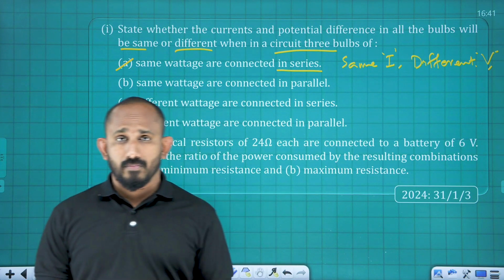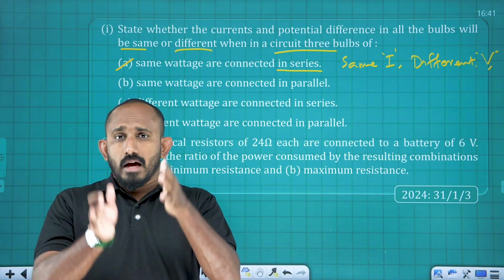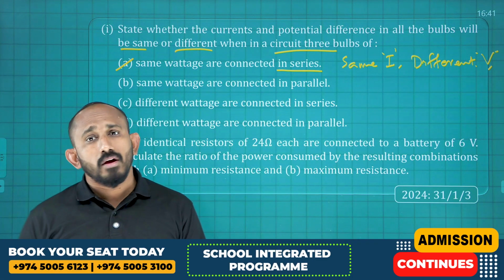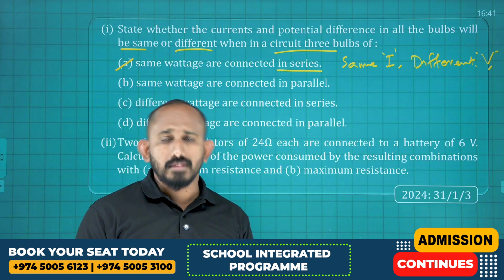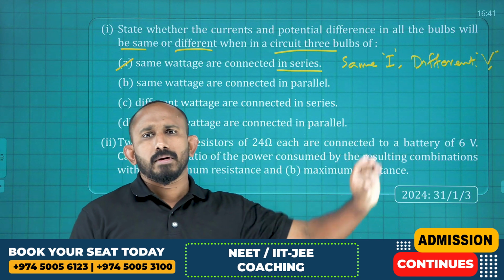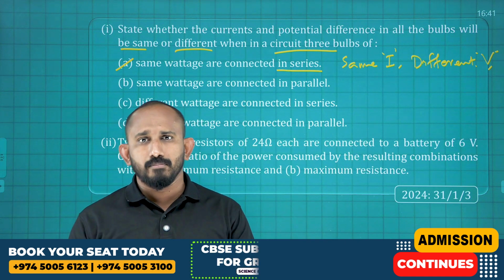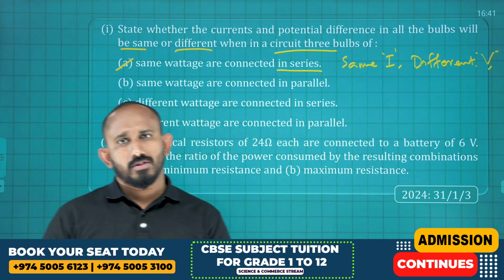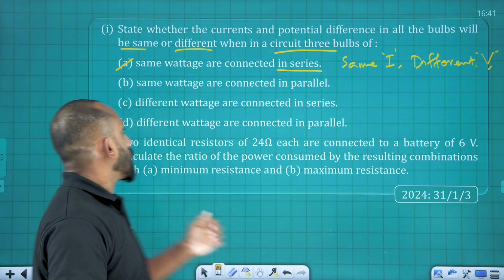Though power is the same, still in series the accumulation of voltage happens at each point, so the voltage will be different there. Unless they are made of identical material, then the potential difference may be the same. We can check it by calculating the values. Hope you got it?